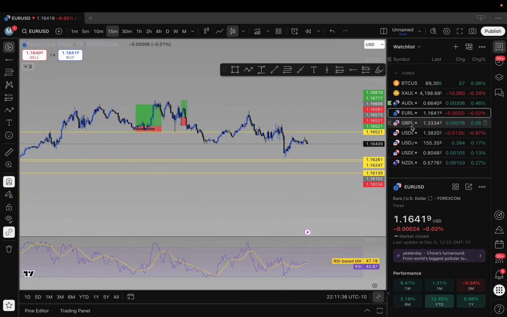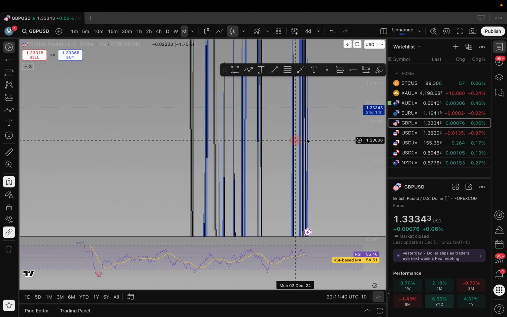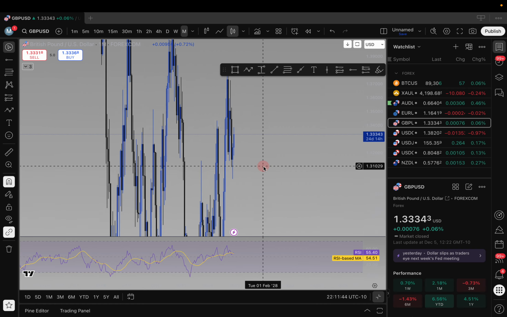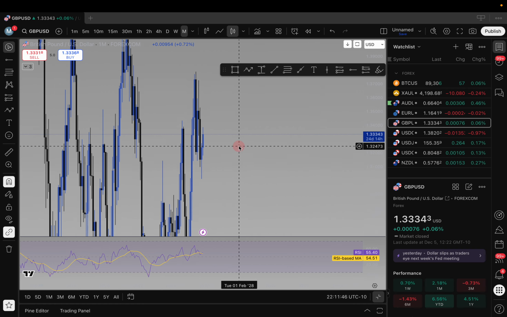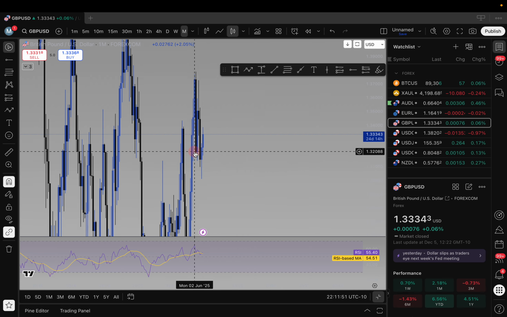Okay, so let's go to GU. Let's look at monthly, see where we at. All right, let's look at the theory candle. Broke, and then this becomes the new POI.